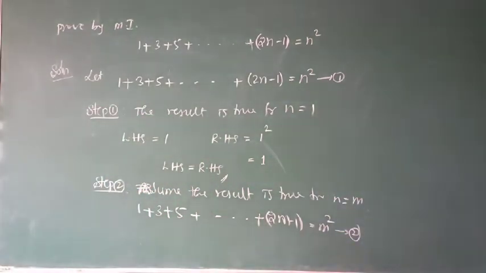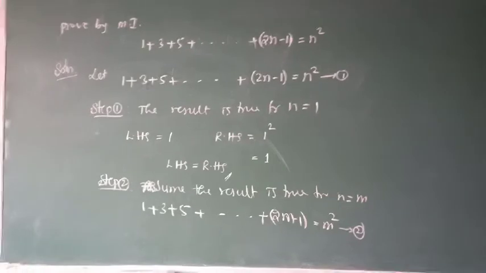So step 1: the result is true for n is equal to 1, LHS is equal to 1 and RHS is equal to 1 square equal to 1. LHS is equal to RHS. Step 2 is assume the result is true for n is equal to m. So 1 plus 3 plus 5 plus so on plus 2m minus 1 equal to m square.